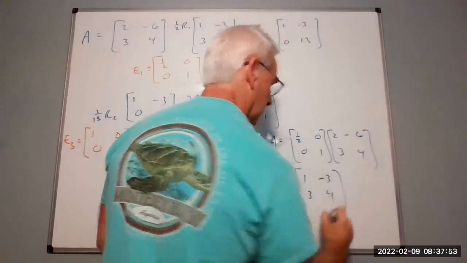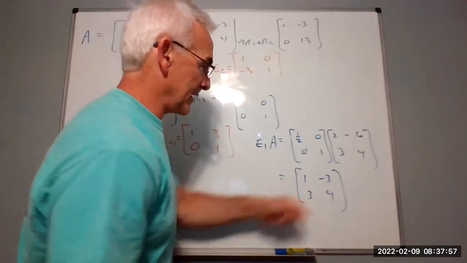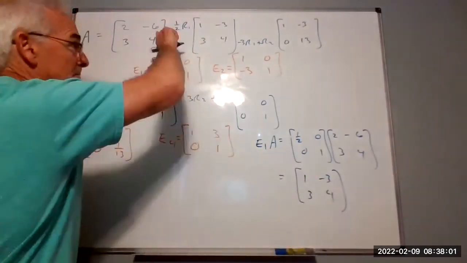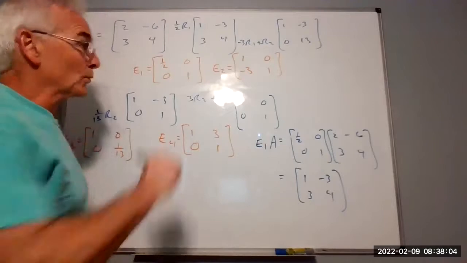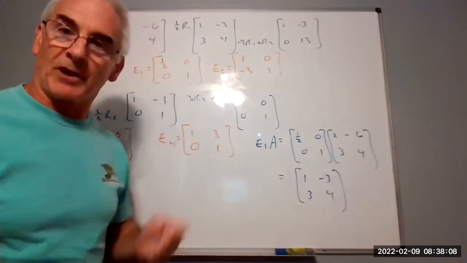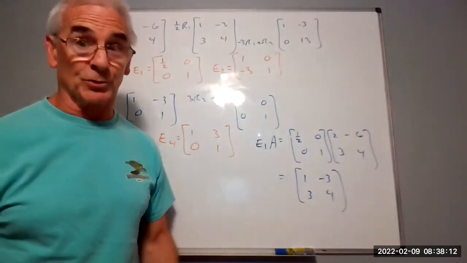Well, that's exciting. When I took my E1 and multiplied by A, I got this. Oh, that's exactly what I got when I did my row operation. So the row operation that I did, had I done this as a matrix multiplication, I would have gotten exactly the same thing. How interesting. That's always true, by the way.